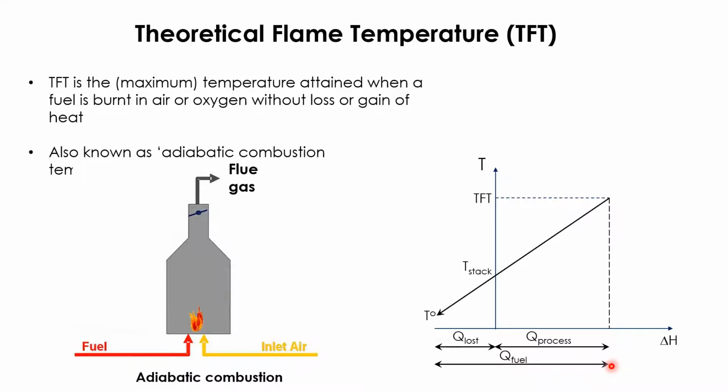That is basically the total heat that you can generate from the furnace. Out of the total heat we generate, part of the heat will be lost, and part of the heat is able to be recovered for usage in the process.